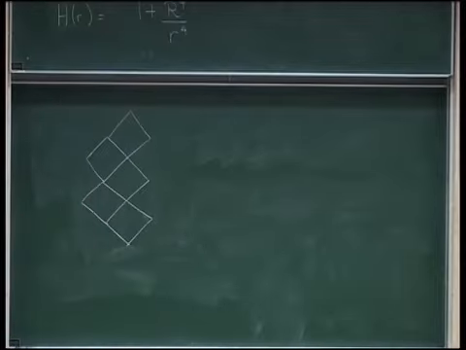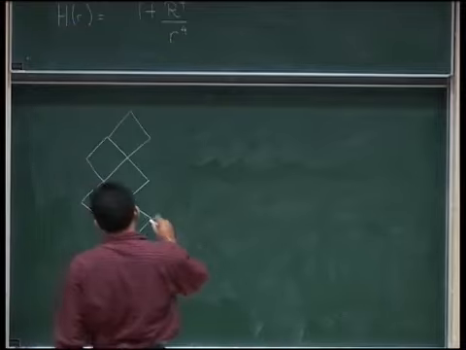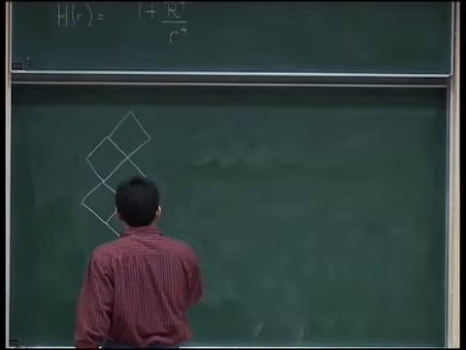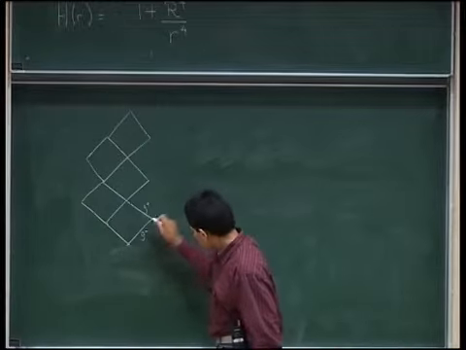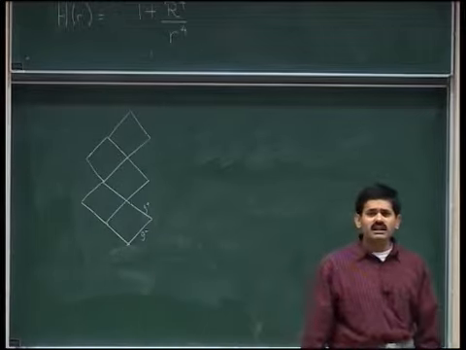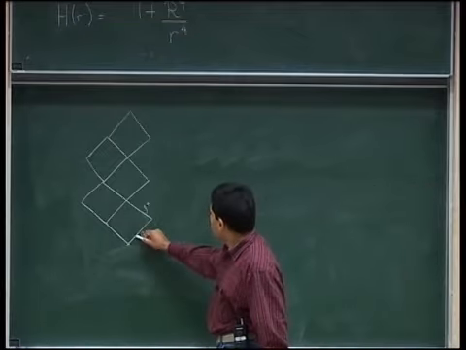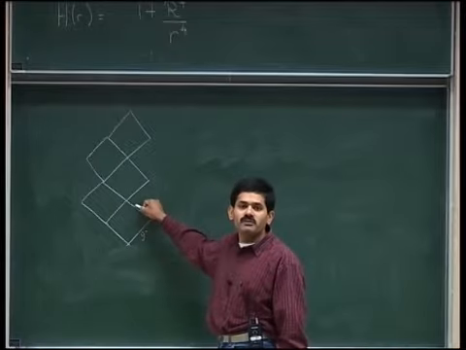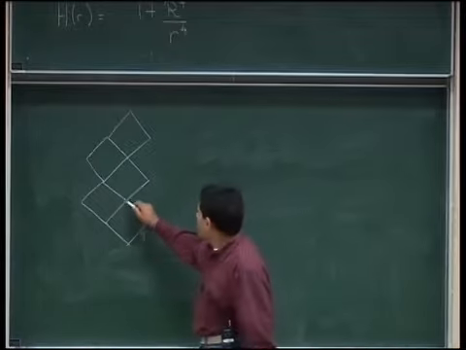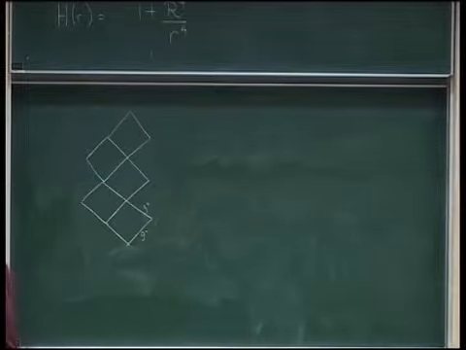So this structure continues indefinitely up and down. These null lines on here are the past and future infinity of the asymptotically flat space, and this null line here corresponds to the surface r equals 0.